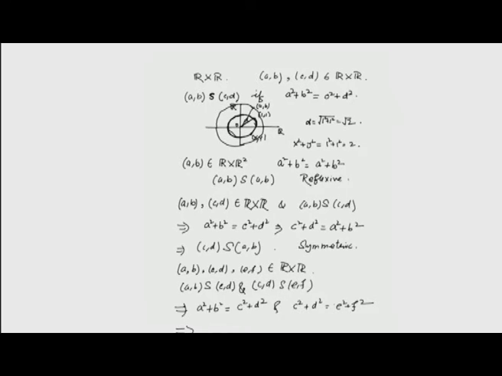Combining these two equations, we get a square plus b square equal to e square plus f square. This will mean that (a, b) is related to (e, f).